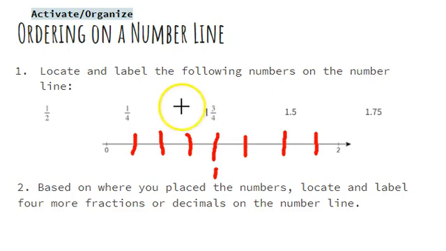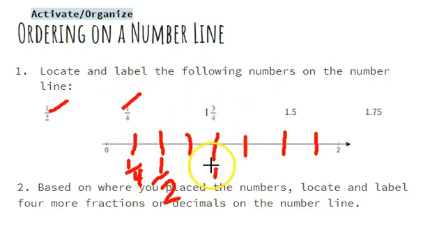So putting these in order, you should have put the 1/2 right here, because this would be halfway between 0 and 1. The 1/4 should go halfway between the 1/2 and 0.